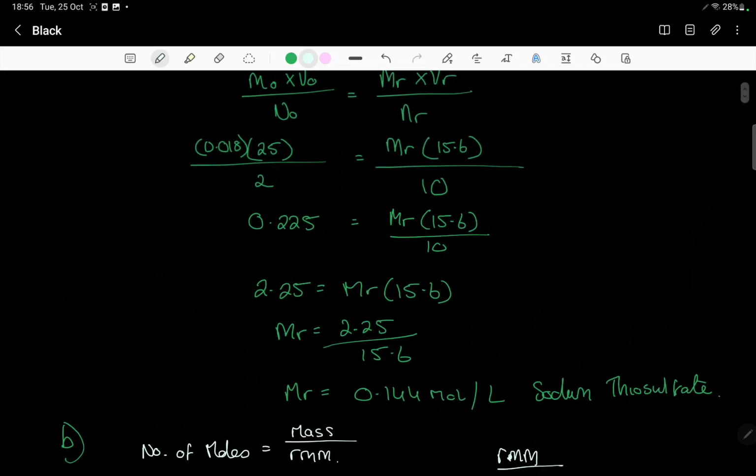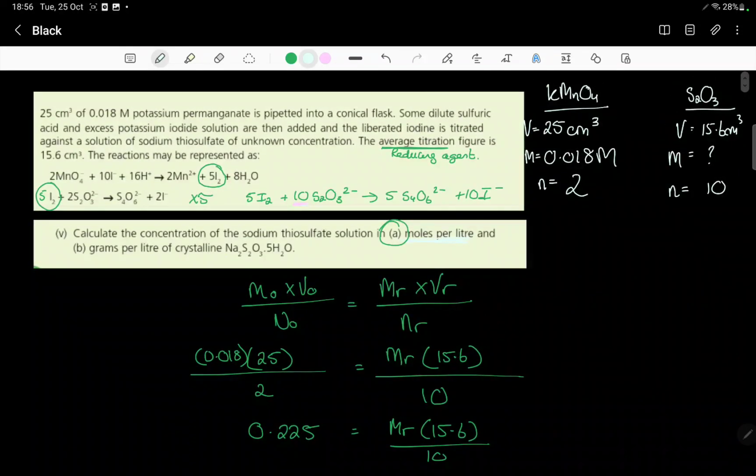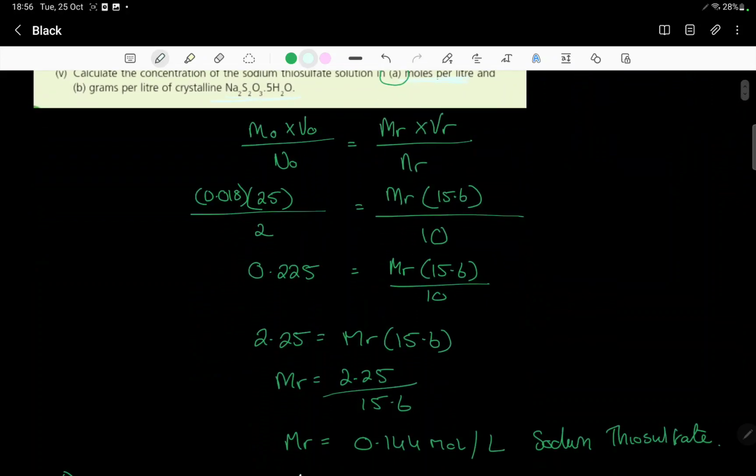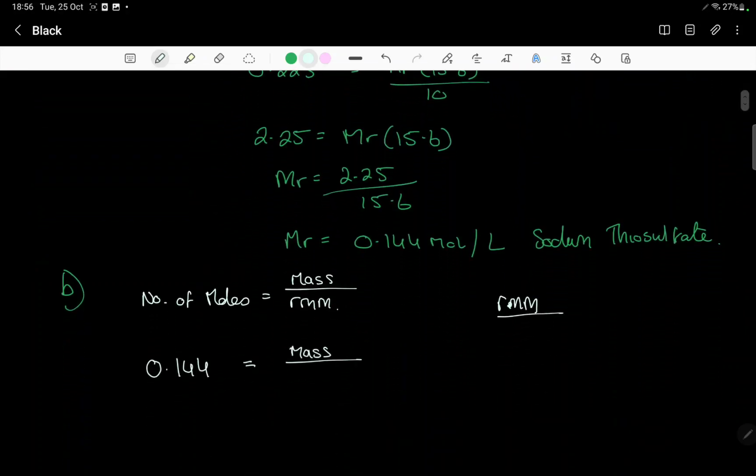And we can do that by looking at this here, Na2S2O3 times 5,2H2O, and looking at our periodic table to work out what the relative molecular mass of this compound would be.